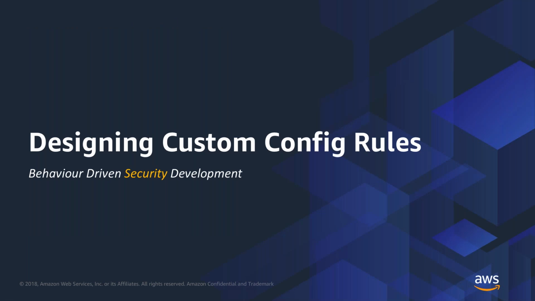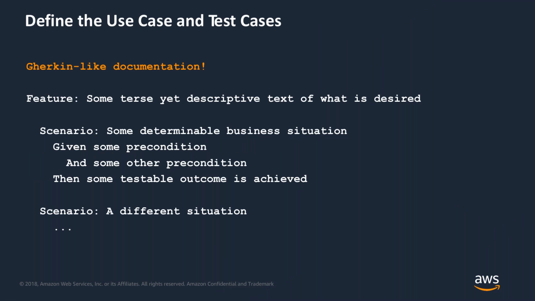So let's dive into best practices on how to design a config rule. First we'll start by designing a config rule, and then we'll dive right into building our own custom config rule. Security teams and businesses can define the compliance and security requirements as technical scenarios in Gherkin-like documentation. This is very handy because it can form a standardized descriptive mechanism for compliance rules that are human readable and behavior driven.